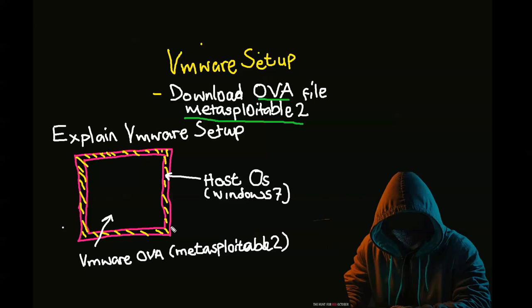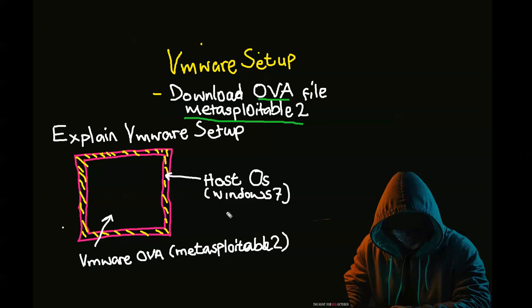Once you install it in the host operating system, Windows, it will occupy space inside Windows 7, and you install the OVA. So the OVA will be inside and Windows 7 will be outside.